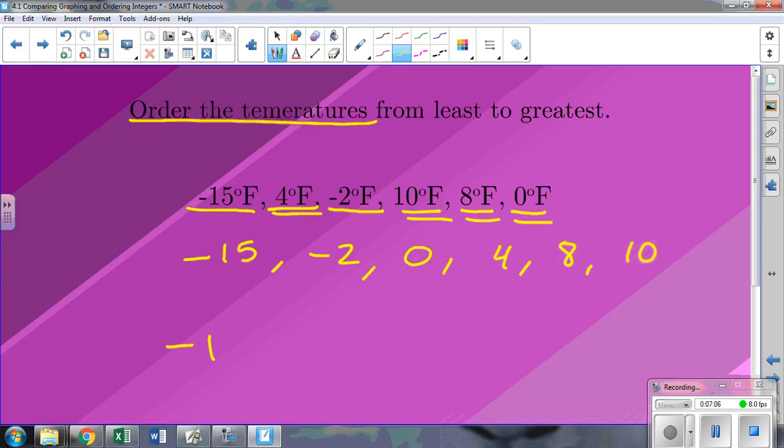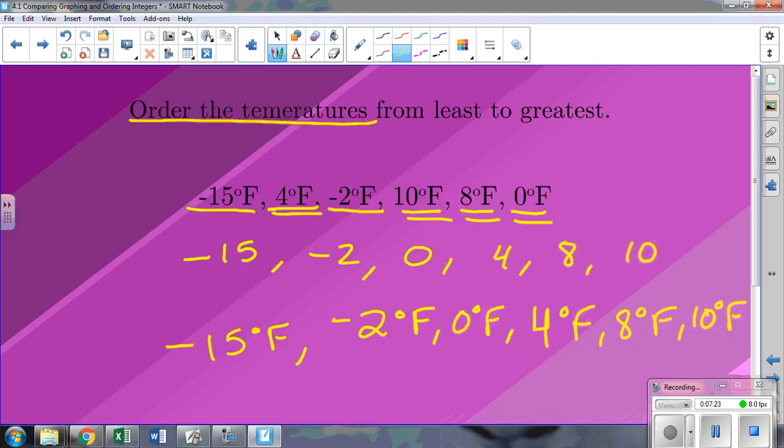To actually do what the directions told us to do, we should have these things written out with their labels on them. With the labels, it's correct. Because with the labels, it's an order of temperatures, not just an order of numbers.